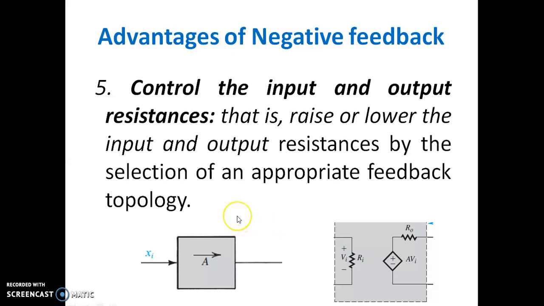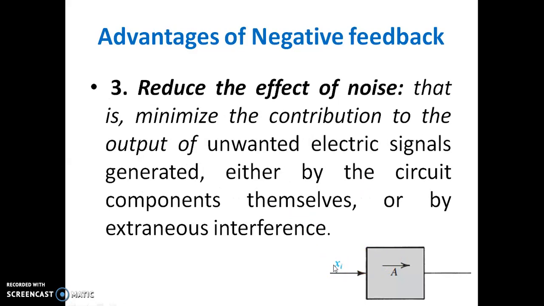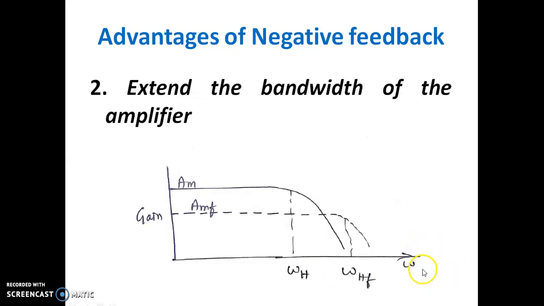So these are the 5 different advantages. One is increasing the input resistance and reducing the output resistance. Another is reducing the nonlinear distortion, that is, over a wide range of input voltage, the gain should be constant. Then the effect of noise: whatever noise is coming externally or from within, it should have a lesser impact on the output voltage.